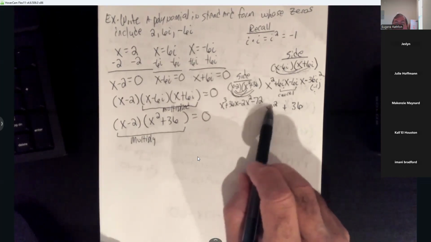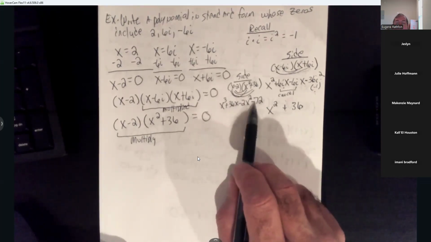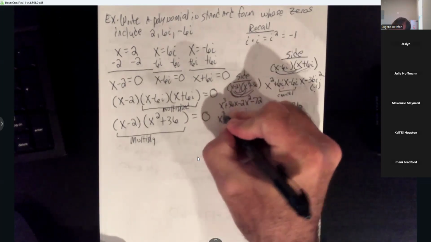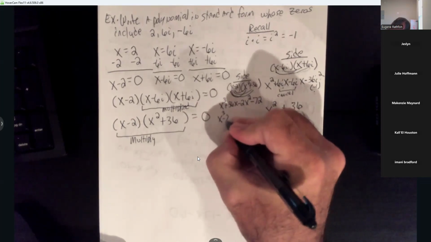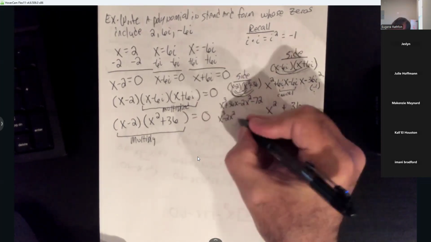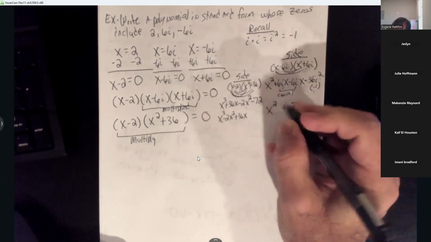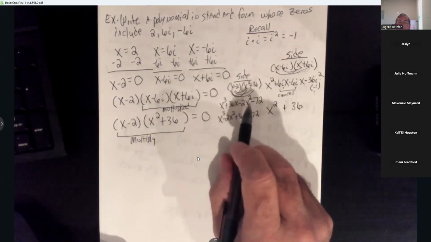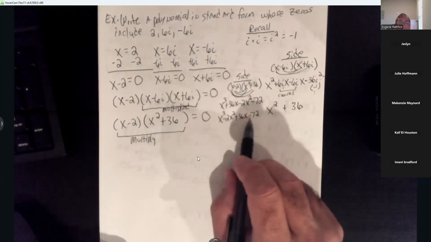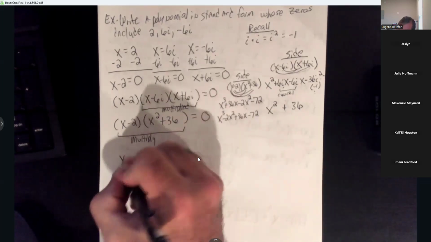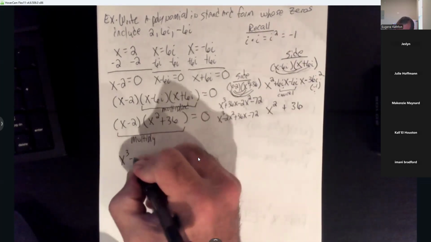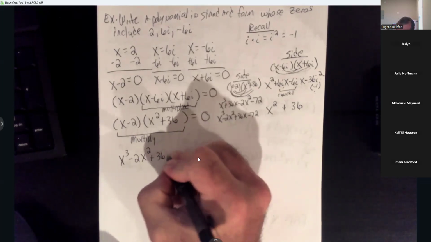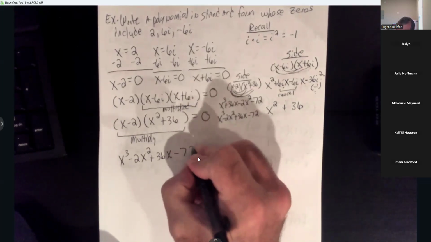Now look, I don't have any like terms, but what I'm going to do is put them in order. My x cubed first, then my -2x squared, then my plus 36x, and then minus my 72. So I just move these two around to put it in order so that I end up with an x cubed minus 2x squared plus 36x minus 72.